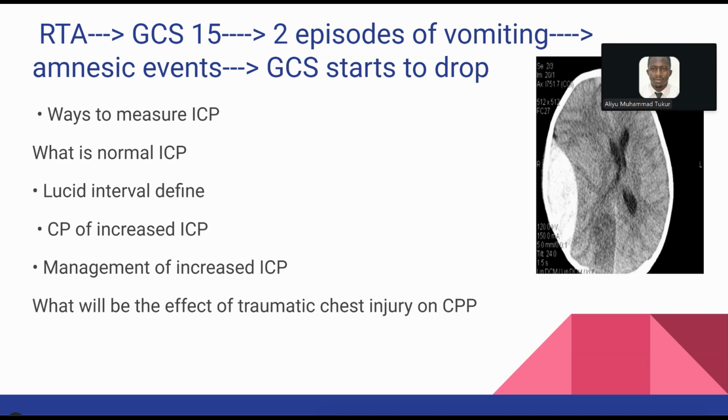So, what will be the effect of traumatic chest injury on the cerebral perfusion pressure? It might increase cerebral perfusion pressure, because traumatic chest injury can give rise to pleural effusion or pneumothorax with subsequent difficulty in breathing and accumulation of carbon dioxide.